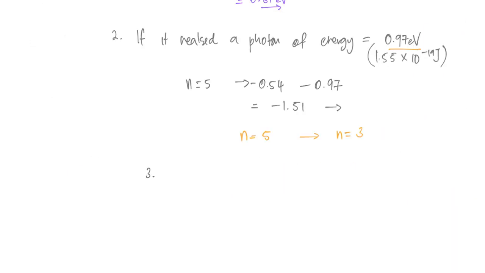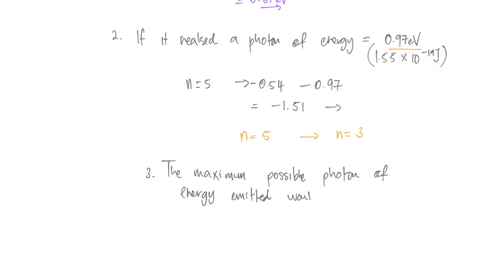If I look at condition 3, and let's say this one's the next one. This is the maximum possible photon of energy emitted, would be 13.06 electron volts, which is about 2.09 times 10 to the power of negative 19 joules.